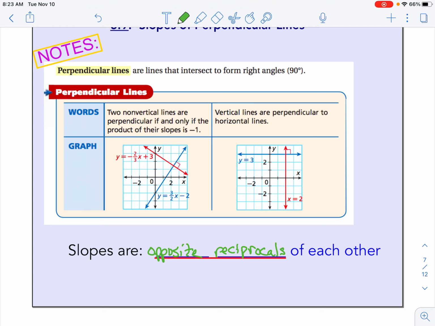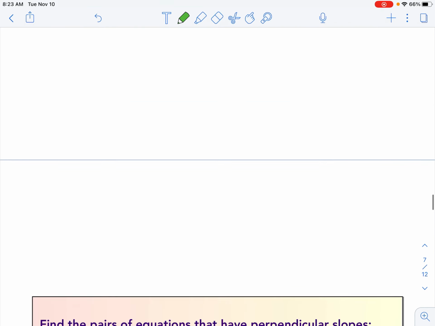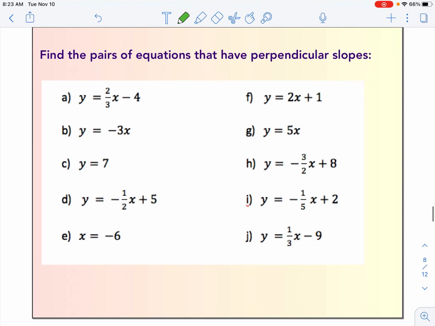Vertical lines are perpendicular to horizontal lines, because we already talked about that this is an undefined slope and this has a slope of 0. And we already showed you that 0/1 and 1/0, undefined, are opposite reciprocals.